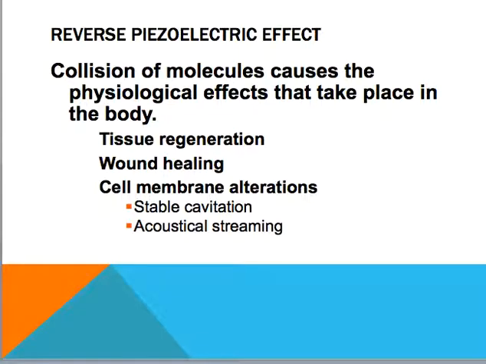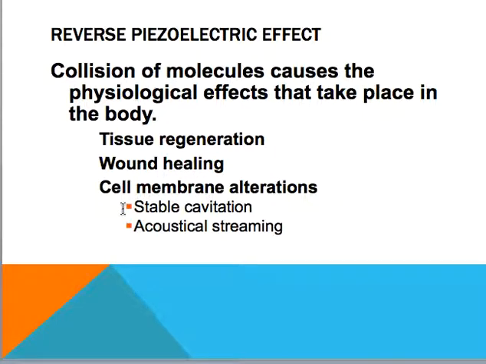So the reverse piezoelectric effect causes collision of molecules to take place in the body, which results in then 3 things. One is tissue regeneration, wound healing, and then cell membrane alterations. And this really right here, the cell membrane alterations, is where we're going to see a big difference in using ultrasound versus not using ultrasound.